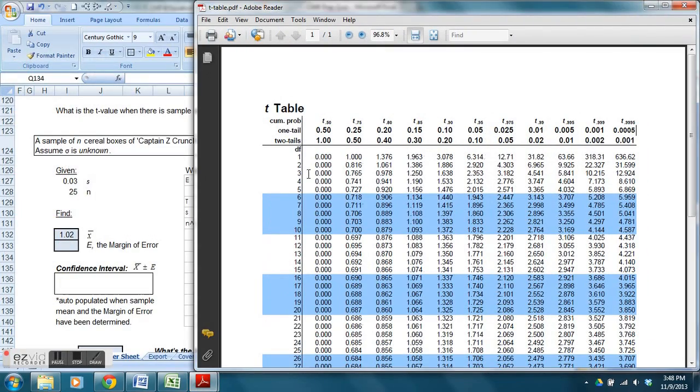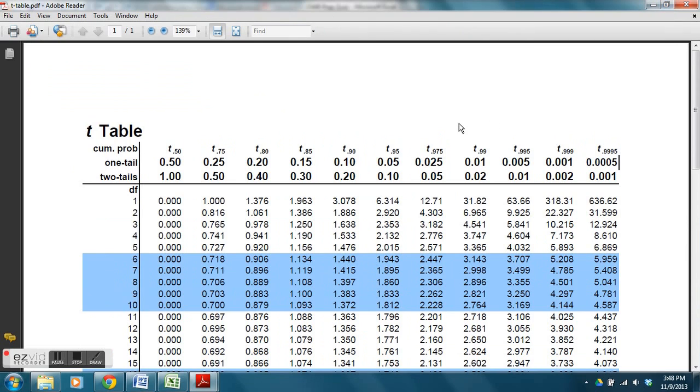And we want to go to our T table, and this is the way the T table works. You have degrees of freedom going down here. This subset represents the cumulative probability, so don't focus on that as much as on the one tail right here. This means the area in one of the tails, so the area in the upper tail or the area in the lower tail.